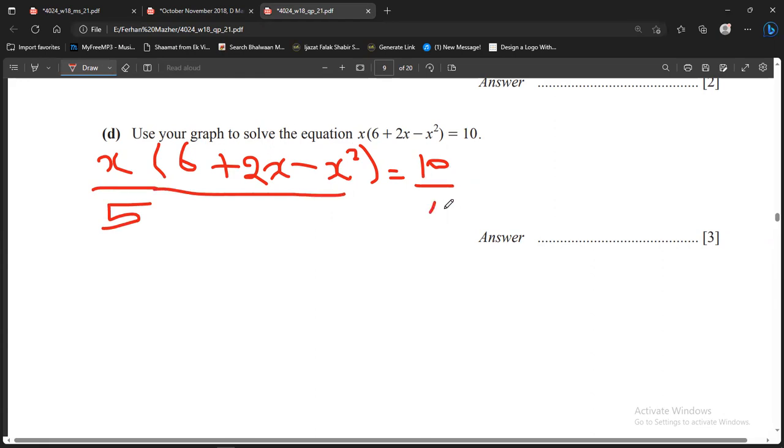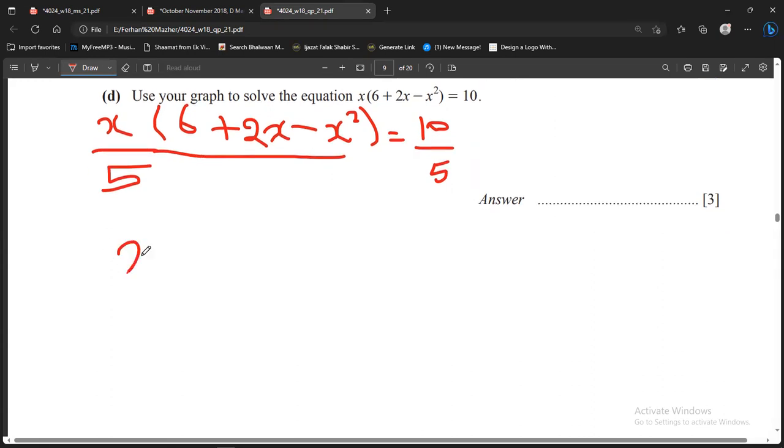And I will divide 5 here. So you will have, and this will be 2.